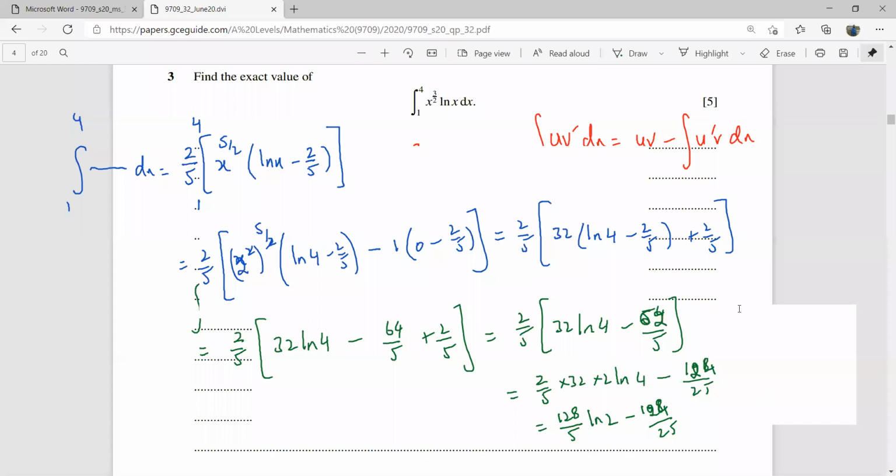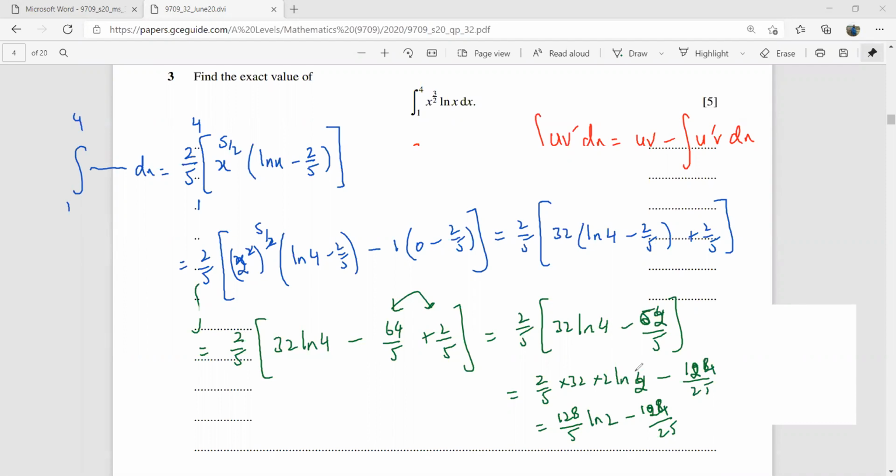Okay, we made a mistake here while simplifying these two mentally. I thought the LCM is 10, the LCM is 5, so this is minus 64 plus 2 will give you minus 62 over 5. And when you expand this, this is going to be 2 by 5, 32. And I write this ln 4 as ln 2 square, so that 2 comes over here, this is going to be 2 ln 2.